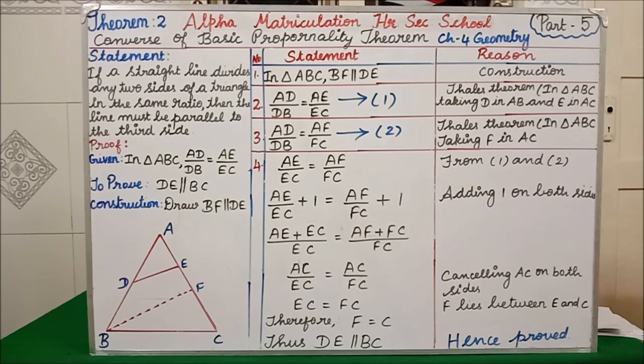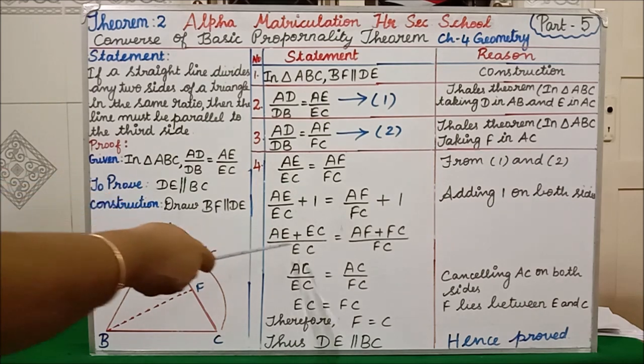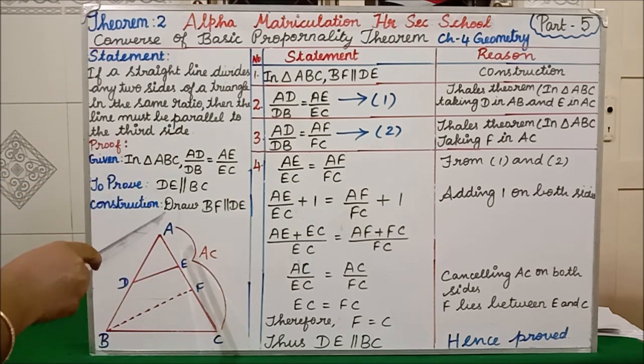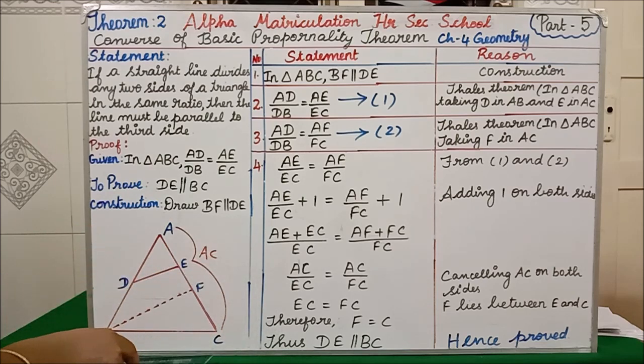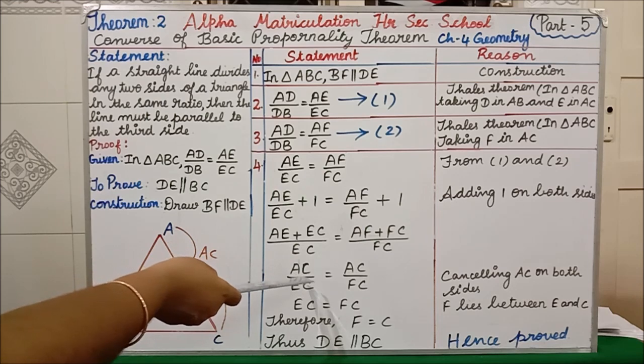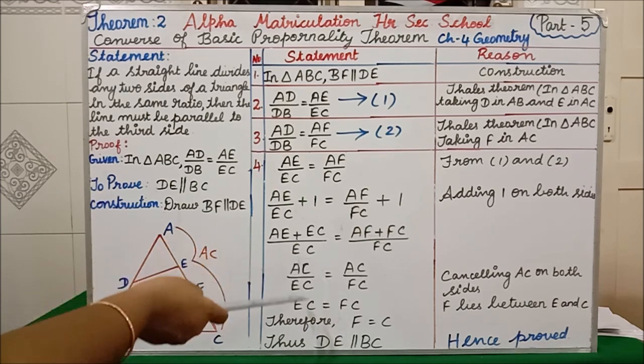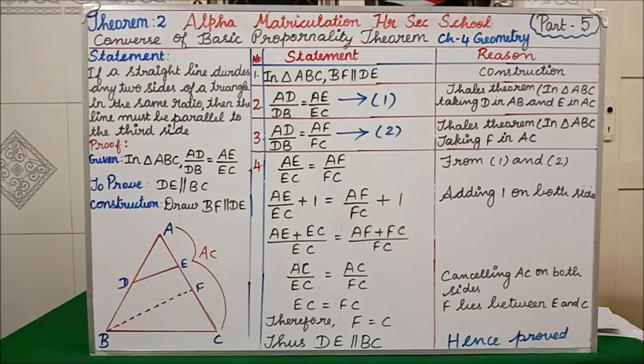Now you notice, students, we have AE plus EC. A to E plus E to C. This full length, how can we write it now? We can write AC. So I have written AC, and the denominator part is EC. Clear all of you? On that side we have AF plus FC.